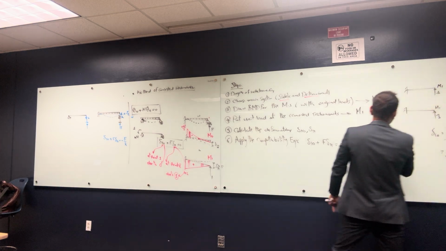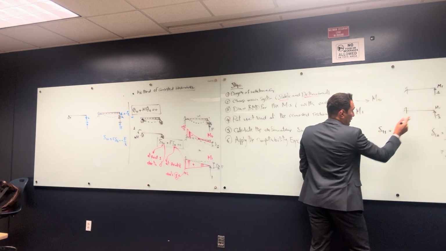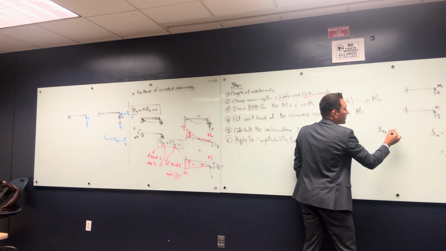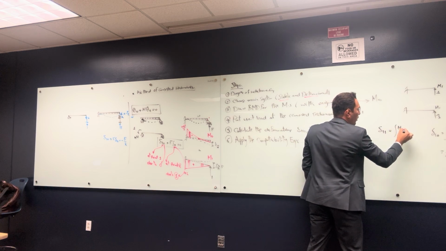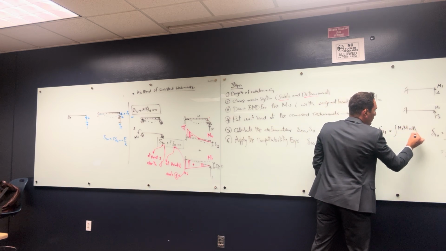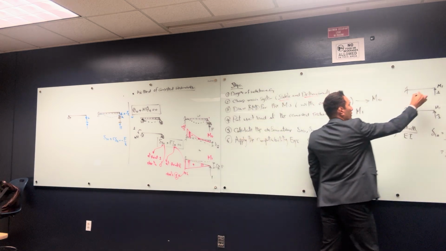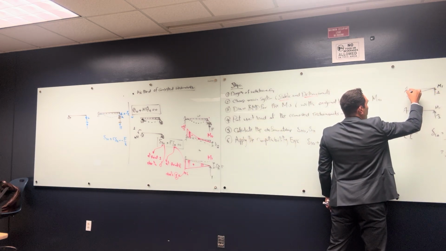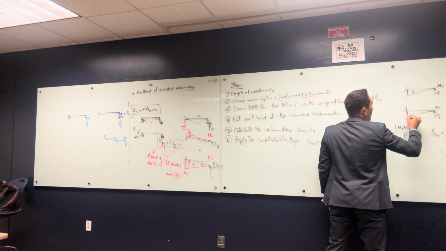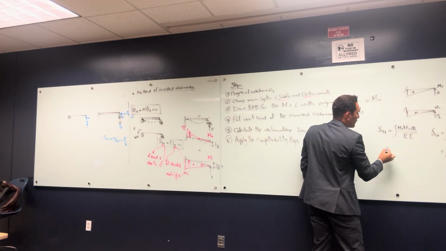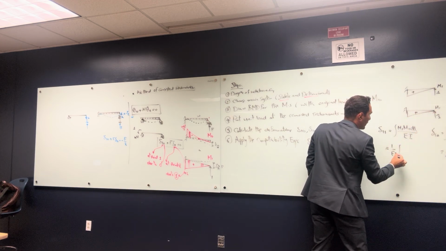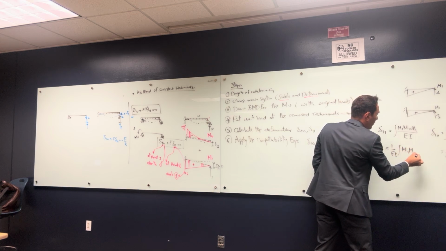So if you want to find delta 11 that comes from this, it is going to be the integration of M1 dL over EI. I do the same thing. This is going to be positive and this is going to be positive. So 1 over EI and then I integrate M1 dL.